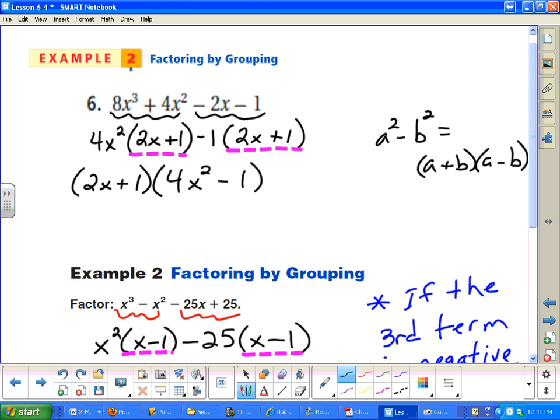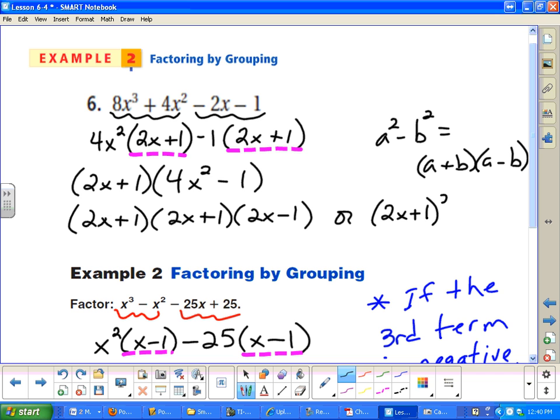What's squared to make x squared? What's squared to make 1? 1. So this is 2x plus 1, 2x plus 1, 2x minus 1, and that would be the answer. Or if you wanted to, you could write it as 2x plus 1 squared times 2x minus 1. That would be up to you.